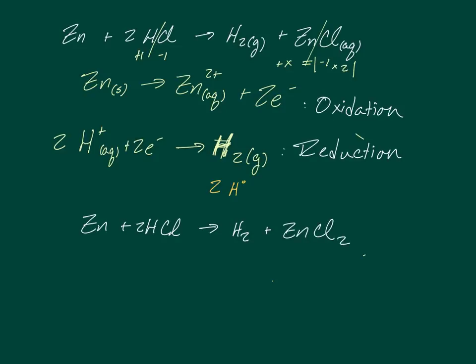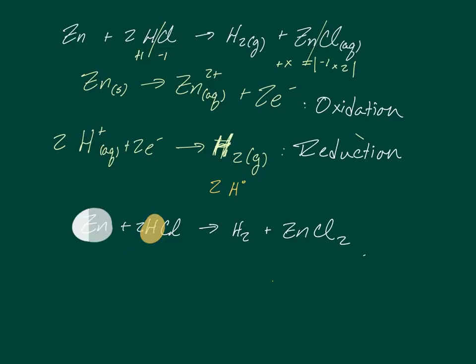What we have here is that this zinc is switching places with this hydrogen. And we get our element, and we get an ion. This is called a single replacement reaction.